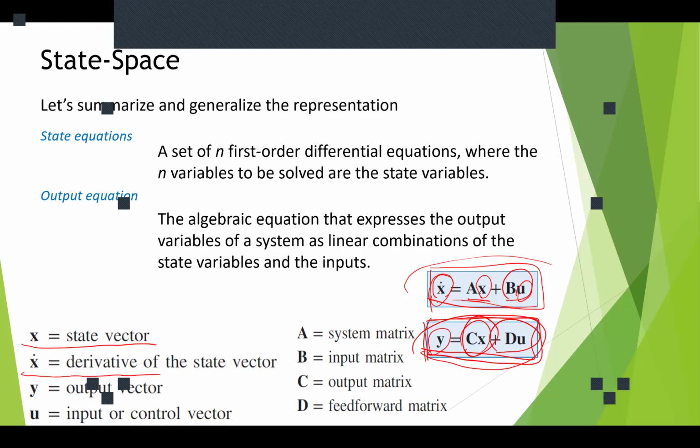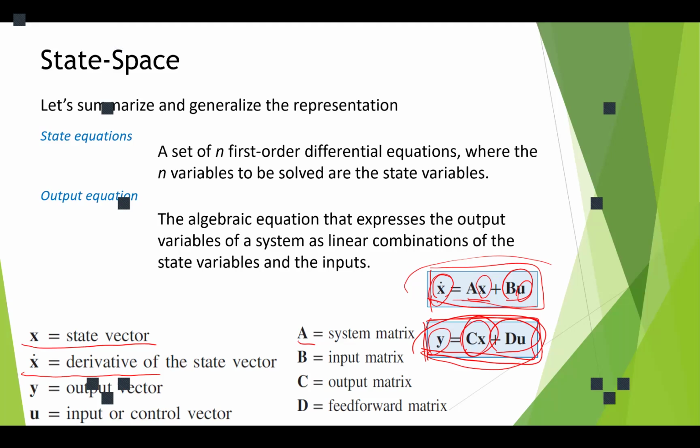Now, x dot is going to be the derivative of those defined variables in that formula. A is the system matrix. Can anyone tell me why it's a system matrix? You can borrow the concept of the transfer function.